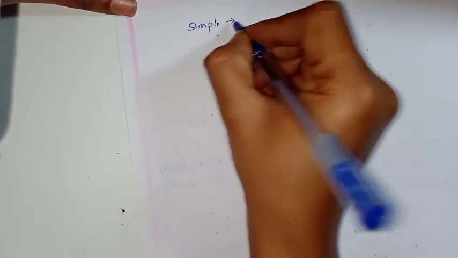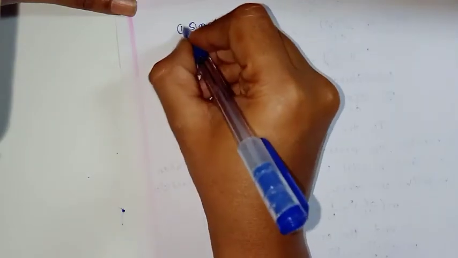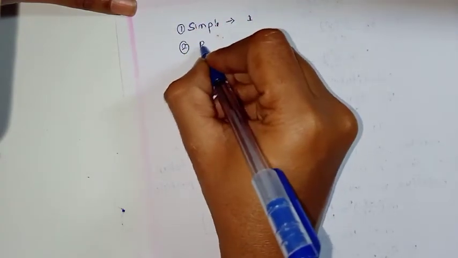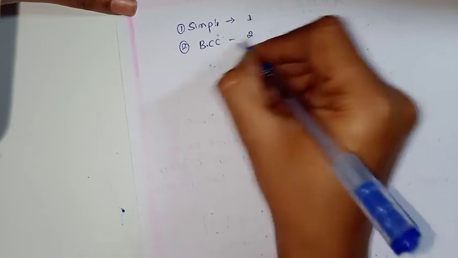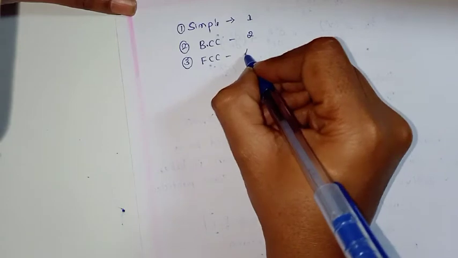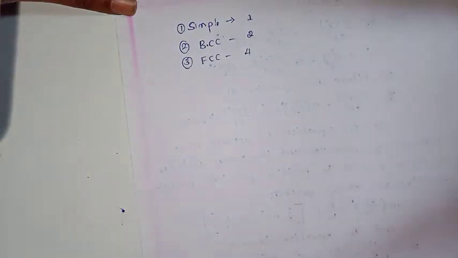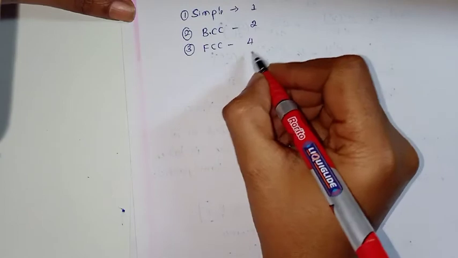In the simple cube there is one atom. In the body centered cube there are two atoms, and in the face centered cube there are four atoms per unit cell. In today's class we will learn about coordination number.